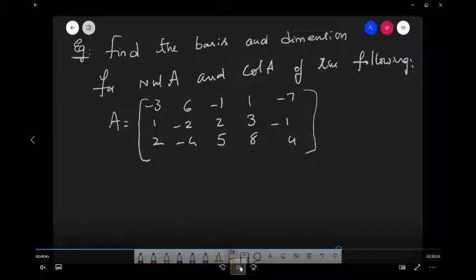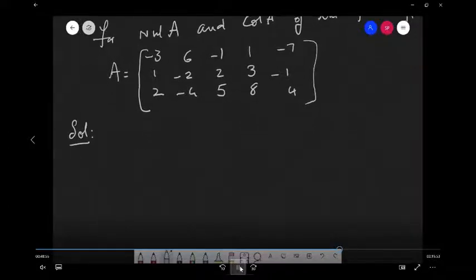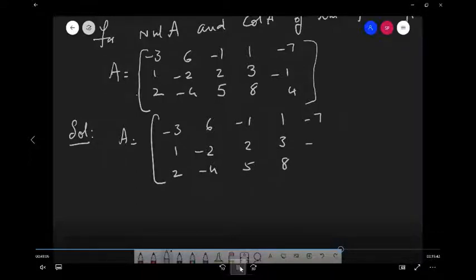Find the basis and dimension for null A and column space A of the following matrix. A is given. Now this A is not reduced to echelon form, so we will reduce it to echelon form first. Let me take the matrix again: minus 3, 1, 2, 6, minus 2, minus 4, minus 1, 2, 5, and 1, 3, 8, minus 7, minus 1, 4.